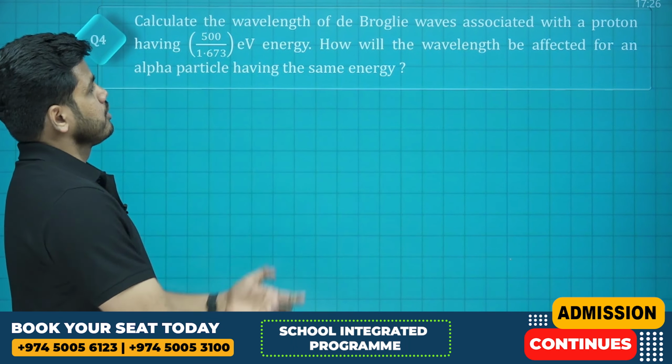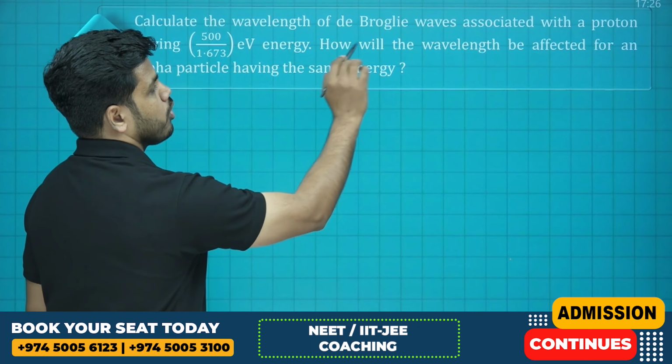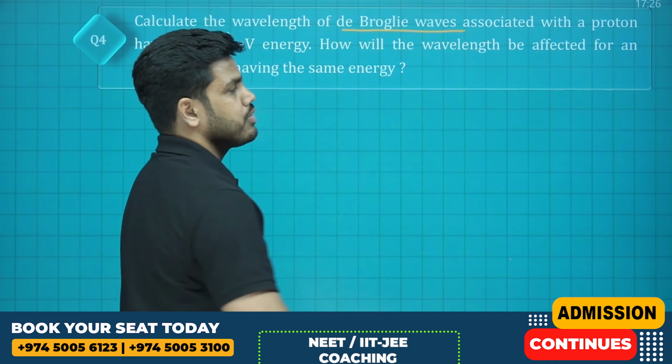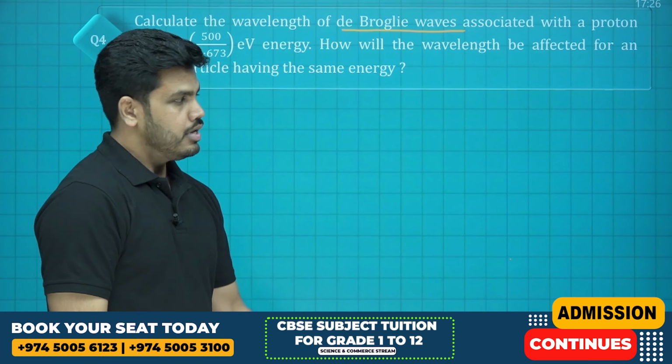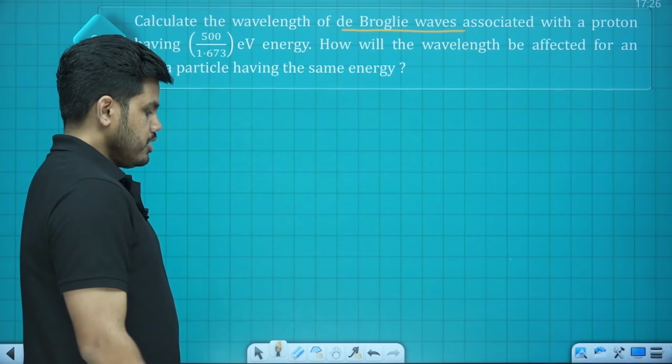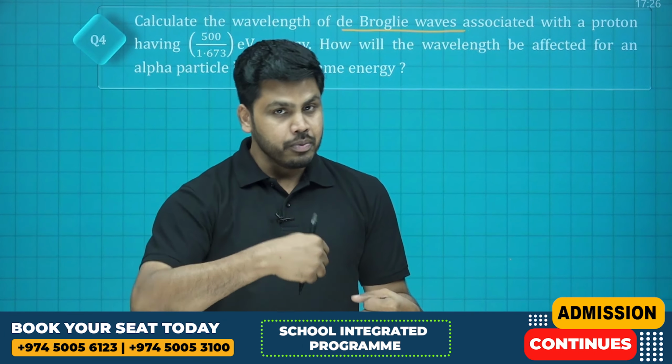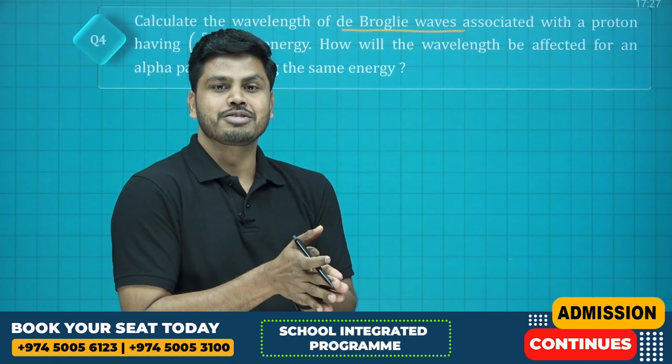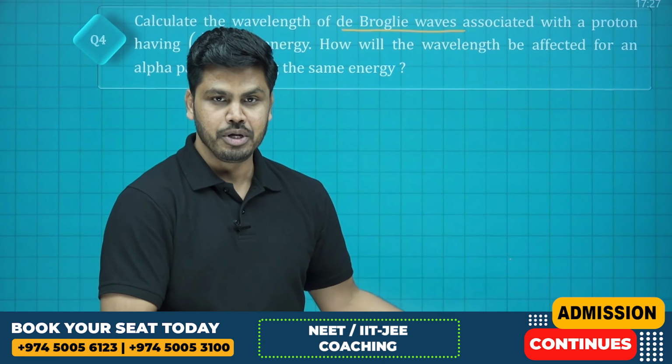Let's see what is to be calculated. We have to calculate the wavelength of the de Broglie wave associated with a proton, and its kinetic energy is given. Like we discussed in the previous session, we had a discussion about de Broglie wavelength in the other video, right?